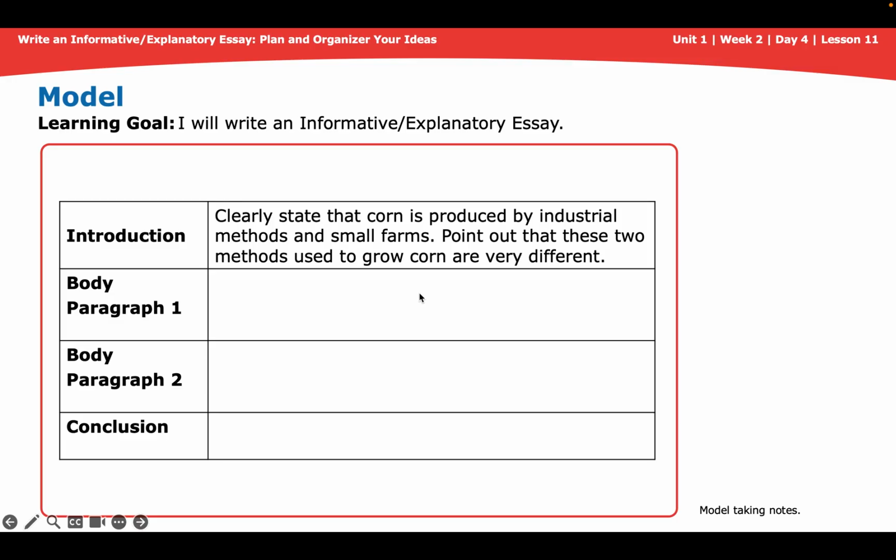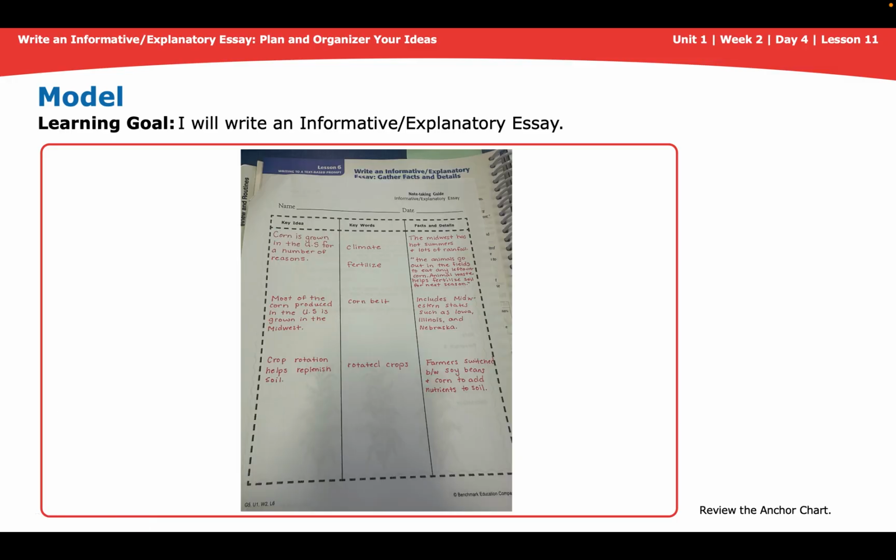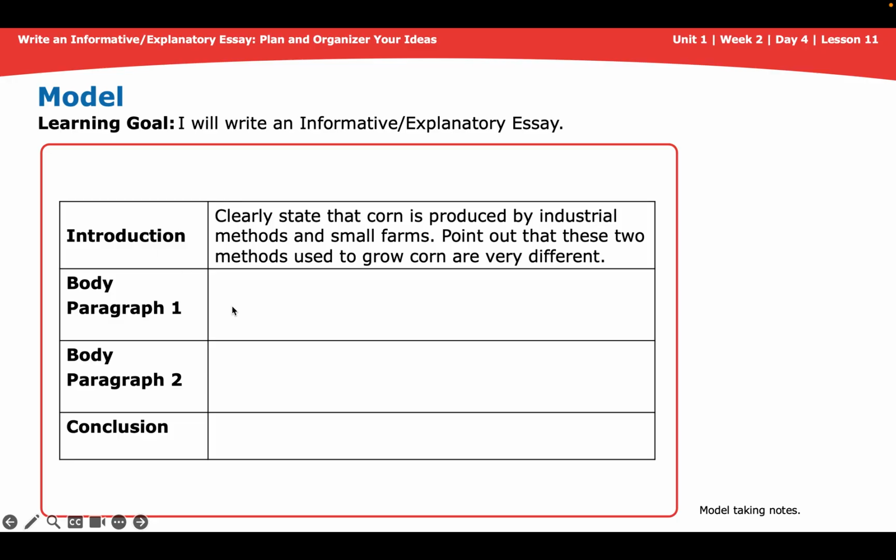Then, in my body paragraph, I'm looking at my notes, and it's mostly about, you guys, your notes will be different. You took more notes than me, but most of the corn produced in the United States is grown in the Midwest. So that would be what I am writing for my body paragraph number 1.